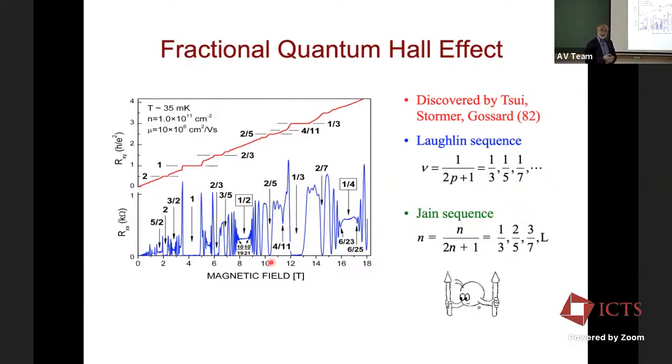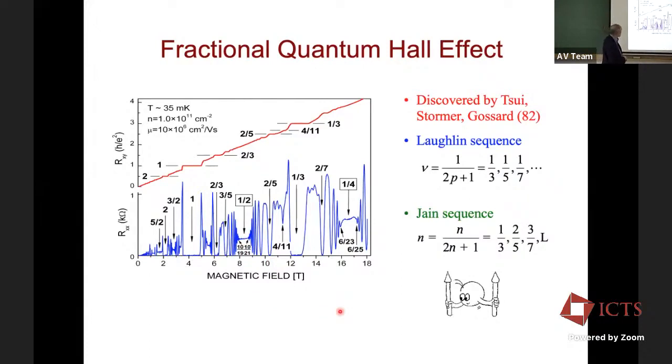And you have gapped states, which is why you have diagonal resistance going to 0 and quantized Hall resistance. There are also, as I pointed out, some even denominator fractions where you can get similar behavior.